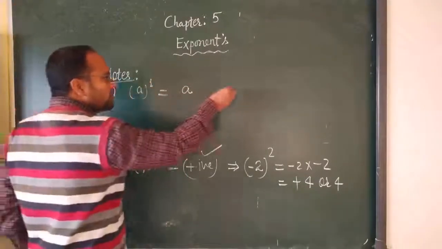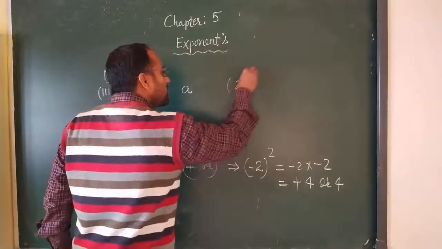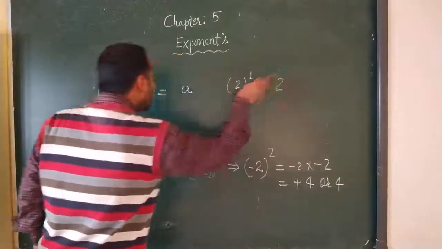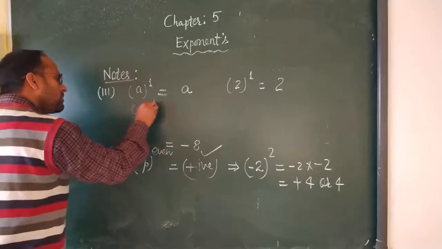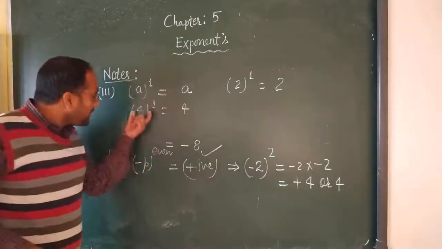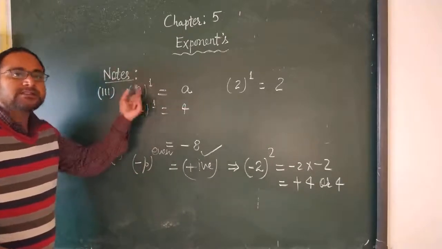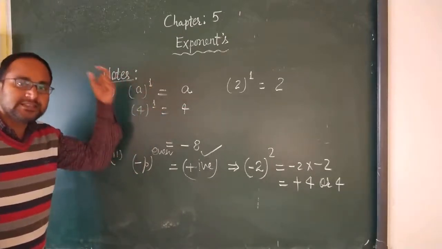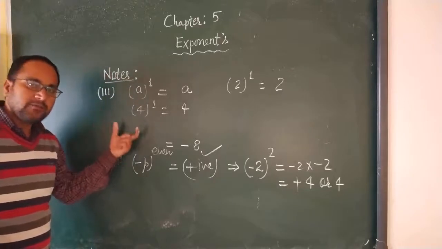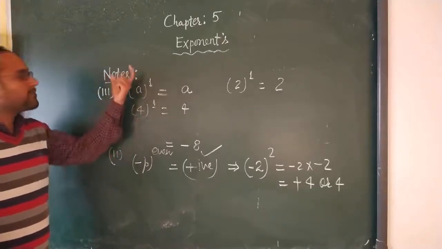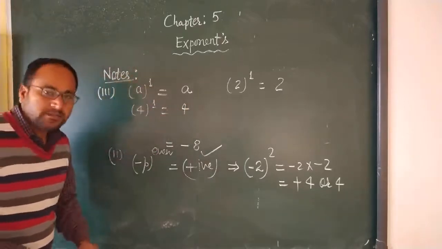I will show you: this one is 2 to the power 1, you always get 2. 4 to the power 1, you always get 4. If the base is any number and its power is 1, then you always get the same number.